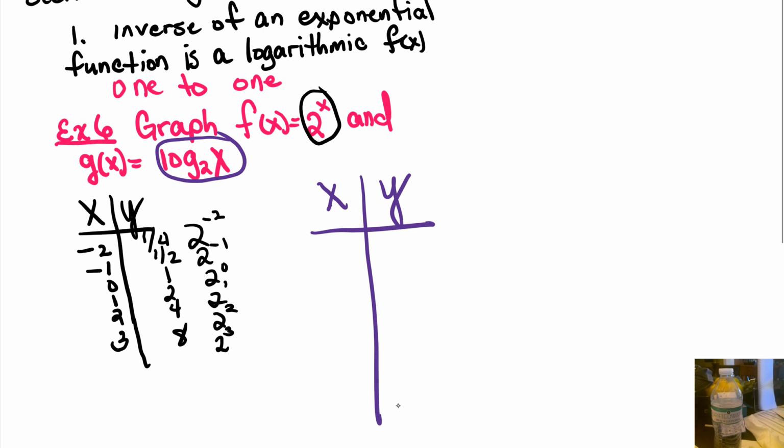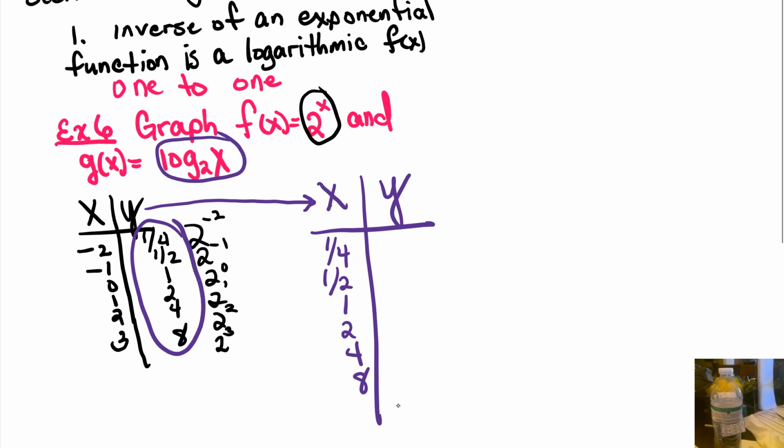Because that is the case, the y terms from the original function, y equals 2 to the x, become the x terms. So I'm literally matching this column to the x column, and my y values transfer over as well, and they literally are inverses of each other.